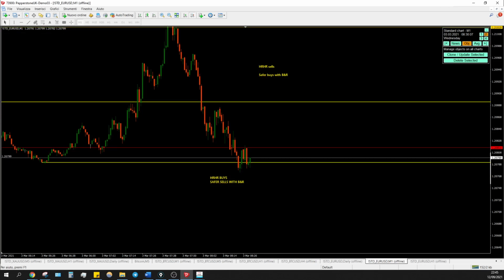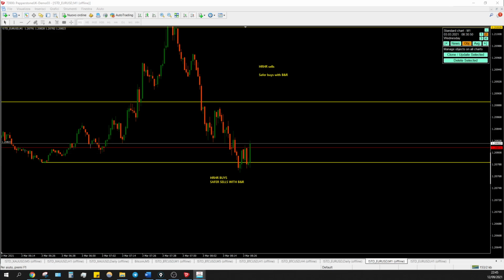Lower wick and then top going up. Okay, very good.